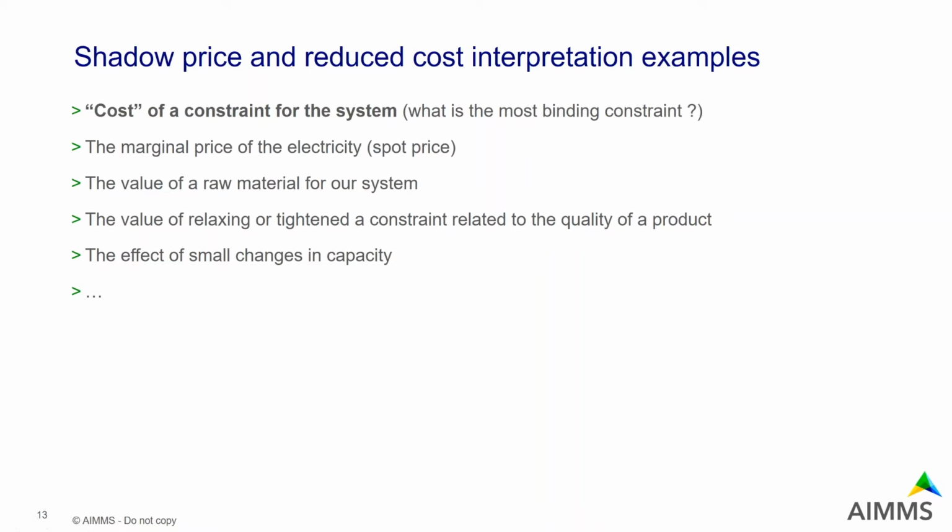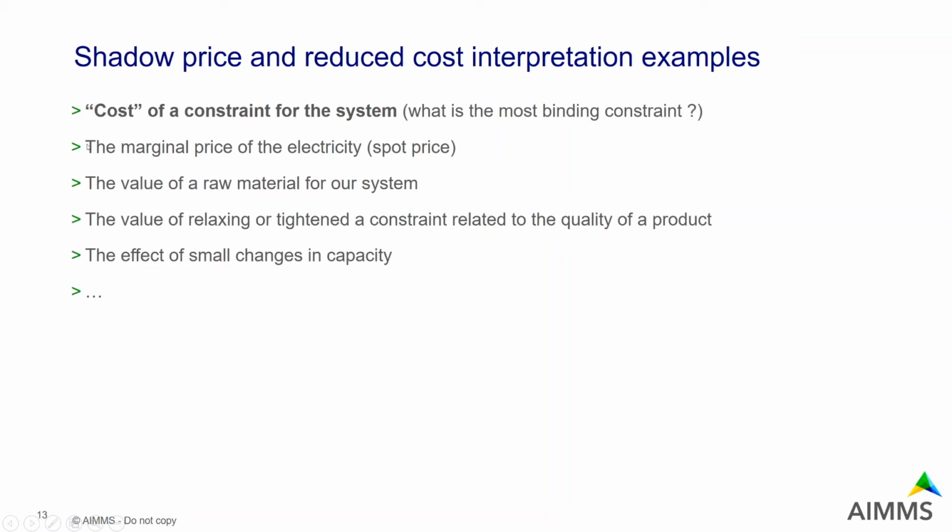In our small model, we have a different shadow price for every constraint. For example, the frying constraint was 0.17 and the packing constraint was 0.33, which means that the packing constraint was more binding in a certain way than the frying constraint. So if we want to impact our profit in the most beneficial way, we would increase the packing capacity.